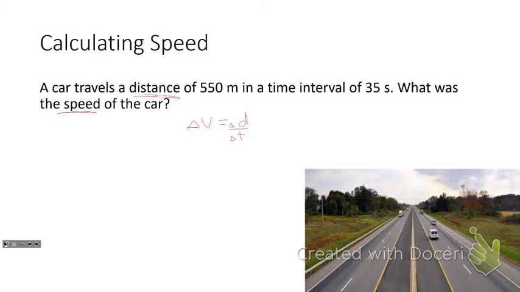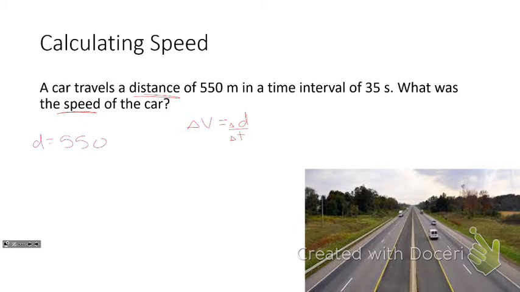Okay, so anytime you have a physics problem where you're given multiple variables, it's going to be easiest for us to first write down what we know in the question. So a car travels a distance of 550 meters, so that is going to be my d.